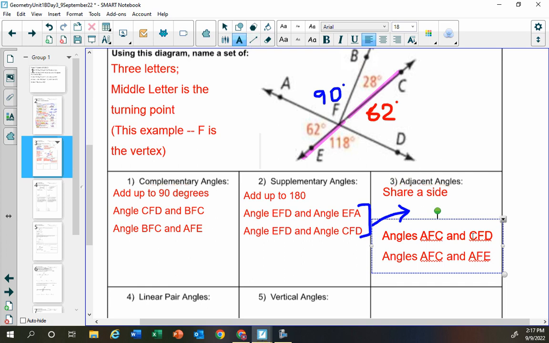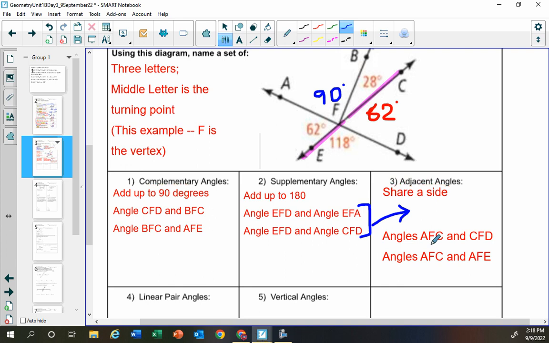Because in the end, the key is with the shared side, how many letters must you see for both angles? At least how many letters need to be the same in both angles? So if you look at the first one, AFC, CFD, which two letters do we see in both cases? C and F, right?